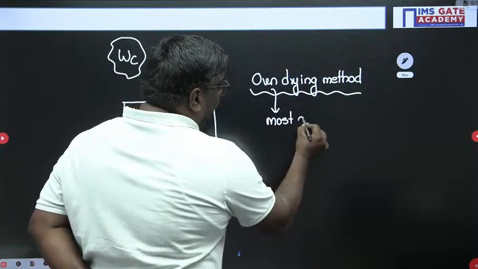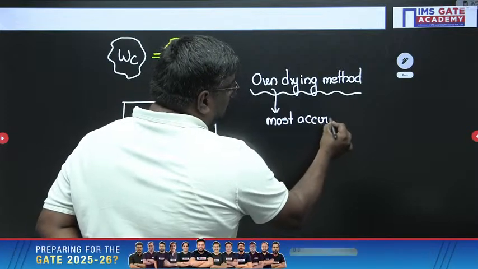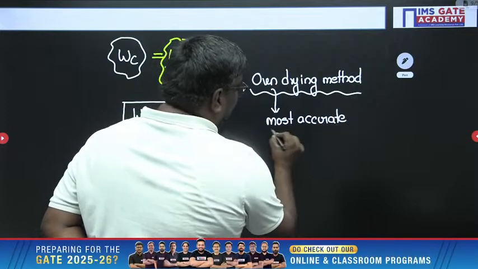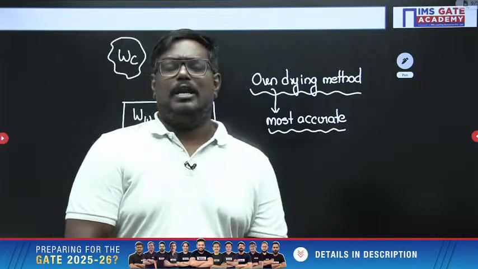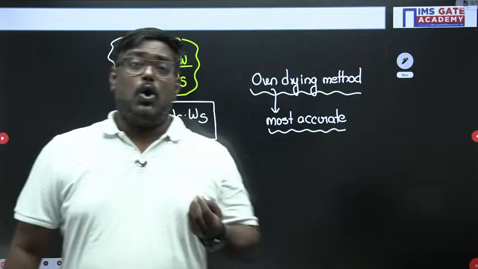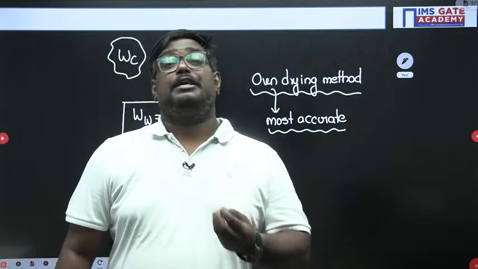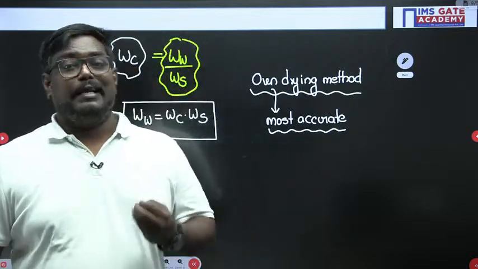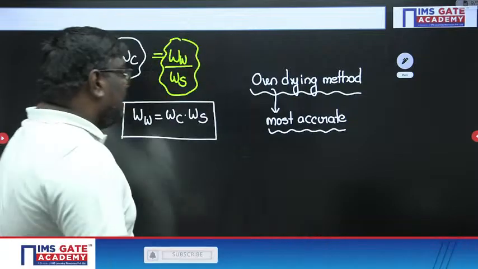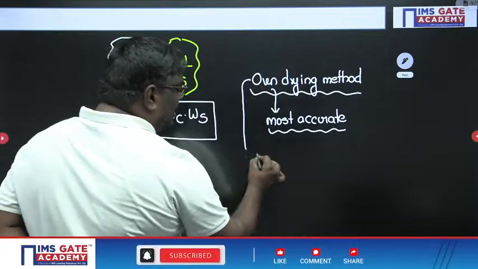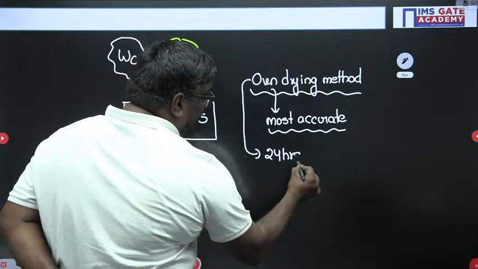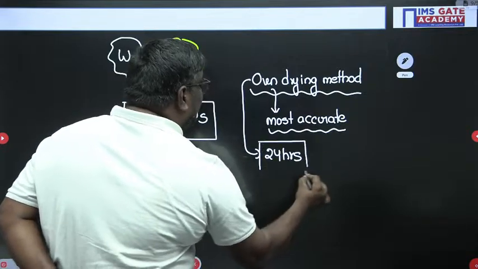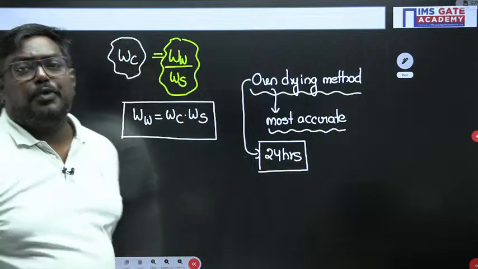If the soil contains organic matter like peat and humus, the temperature cannot be more than 60 degrees centigrade. The problem with oven drying is the duration; we have to wait for 24 hours.